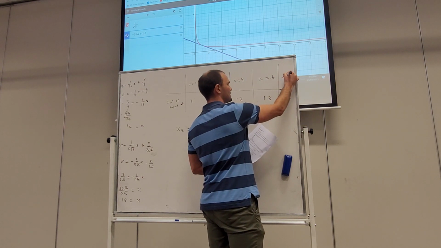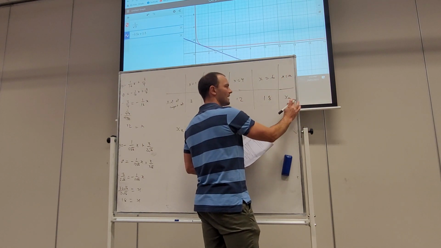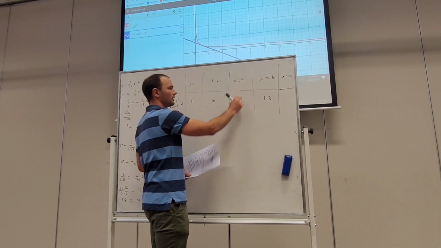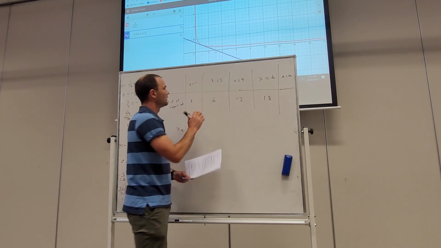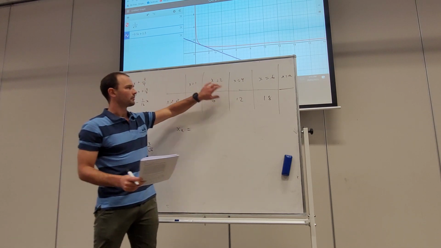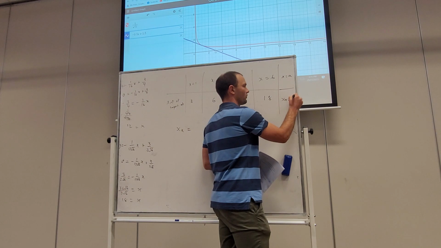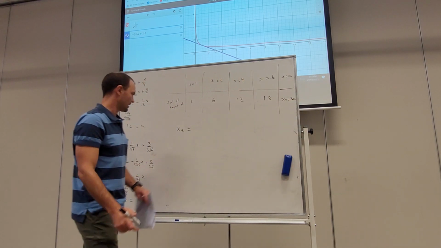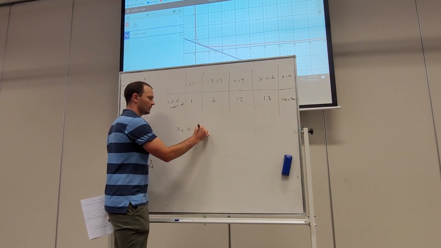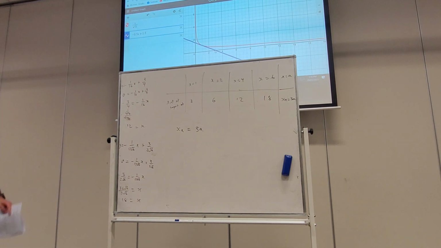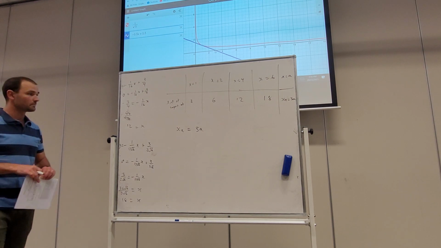What do we notice about these? Timesing it by 3, very good. So xa is going to equal 3a. It's 3 times a. So our conjecture: xa equals 3 times whatever the x value is of the point of contact of the tangent.